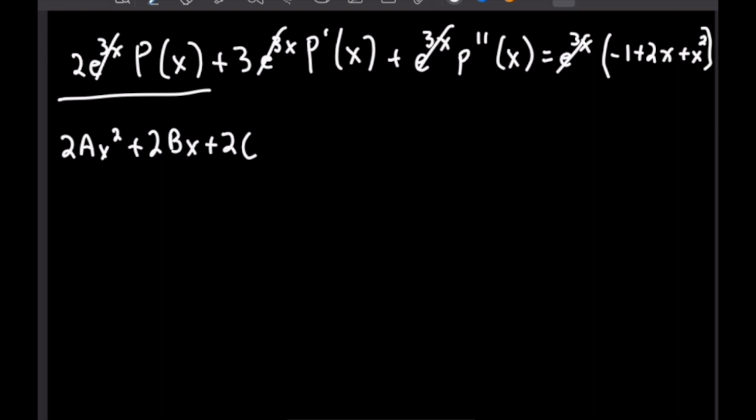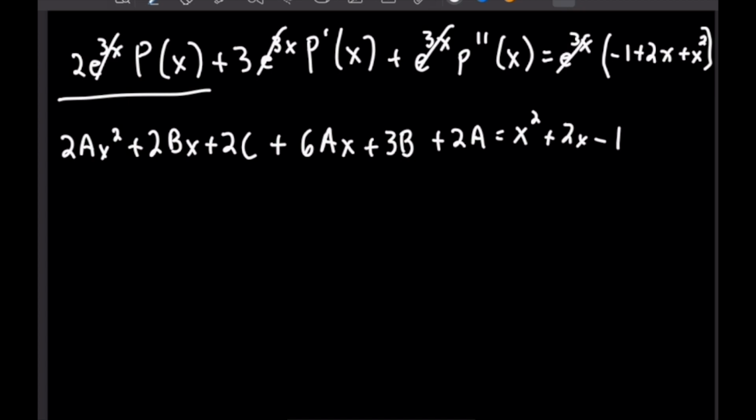Then from the next term, we will have plus 3 times 2, which is 6ax plus, that'll be 3 times b, so 3b. And then lastly, from the last one, we'll have plus our p double prime of x is simply equal to 2a. And that's, of course, still equal to that quadratic there, x squared plus 2x minus 1.